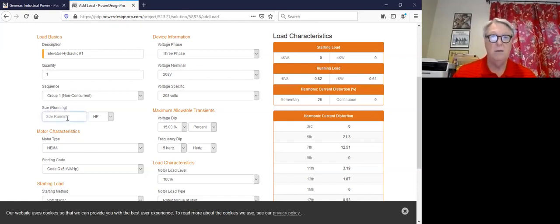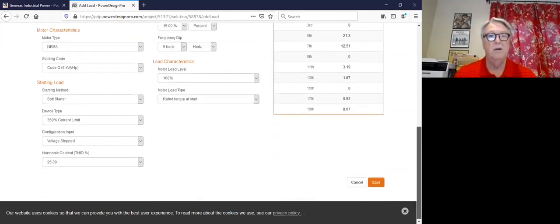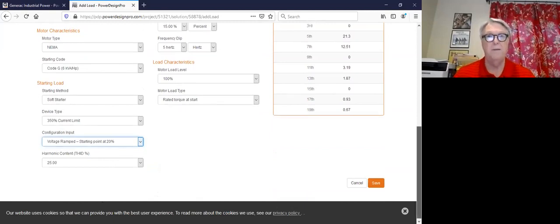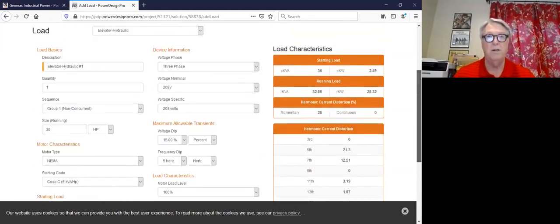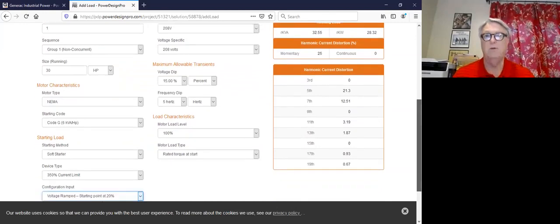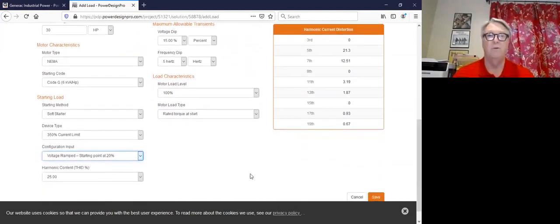Let me just go ahead and put in a 30 horsepower. We've got a 30 horsepower elevator. And notice down here, it says your starter, it's 350% current limit and is a voltage stepped. Well, I'm going to go ahead and change that to a voltage ramp. We've talked about this before. Most of the starters that we sell are voltage ramp, although I told you that elevators typically don't have a voltage ramp.